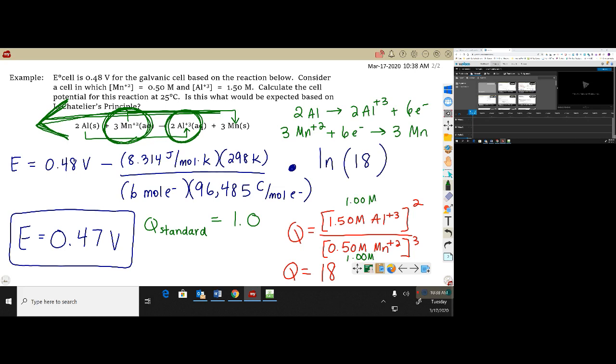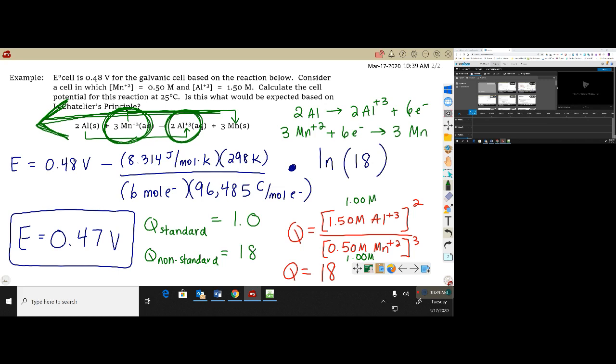And so it doesn't matter what the exponents are. In a standard cell, Q is 1. Well, in a non-standard cell, Q will not be 1. So here, my Q non-standard is 18.